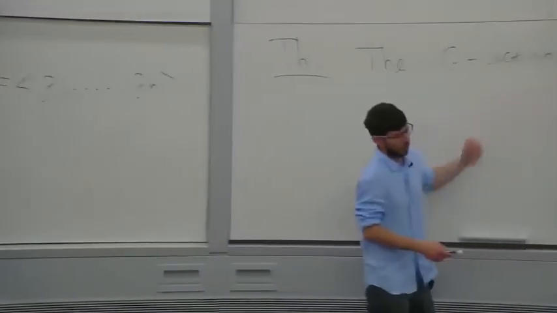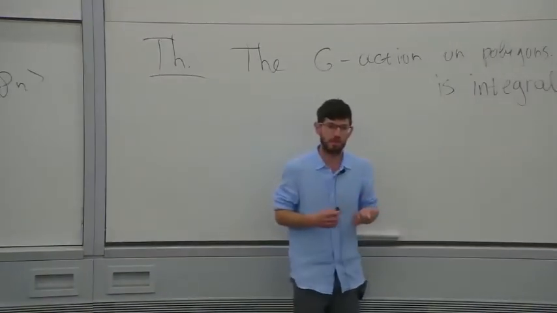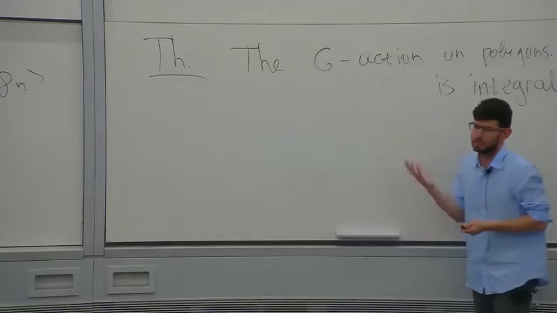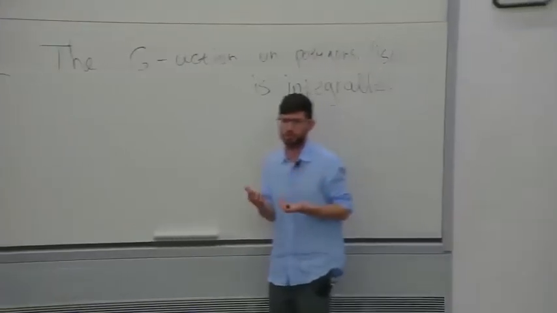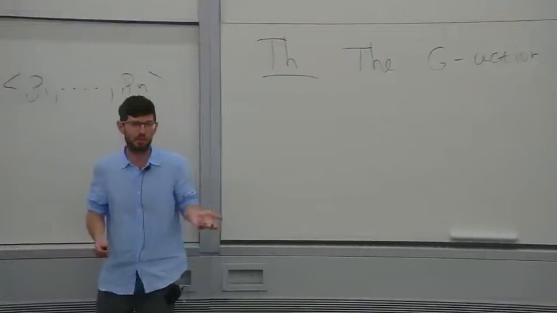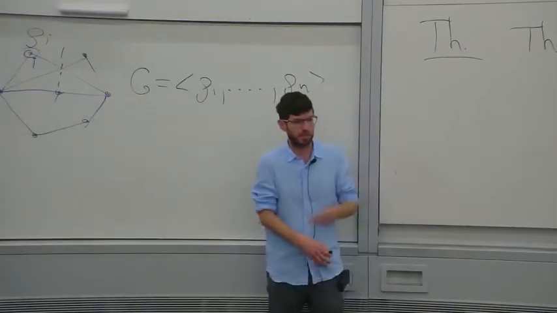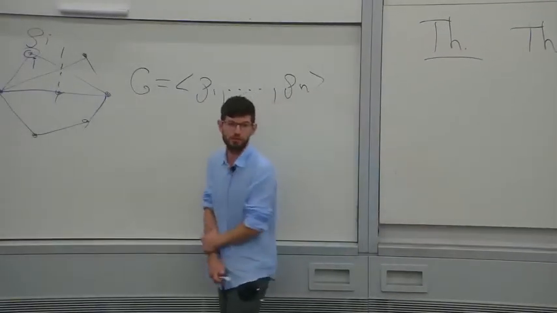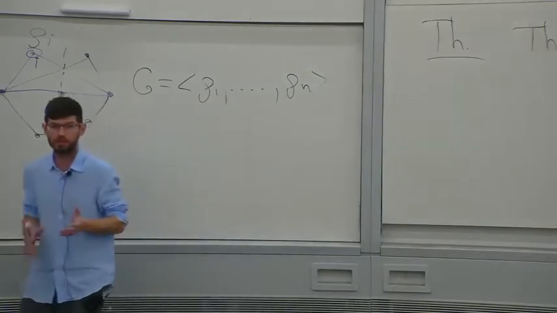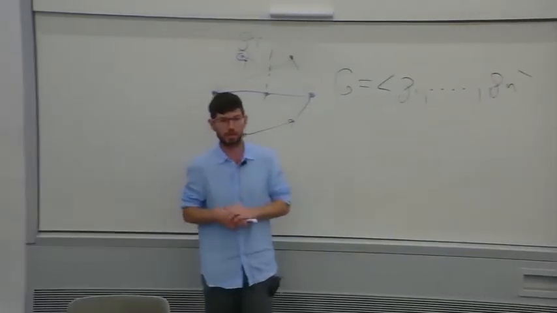So the claim is that this is an integrable system. Basically, the definition of an integrable group action is pretty much the same as the definition of an integrable map. So here the claim is that there is a certain number of functions on the phase space that are invariant under the action.